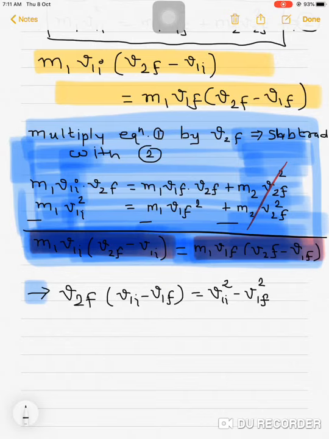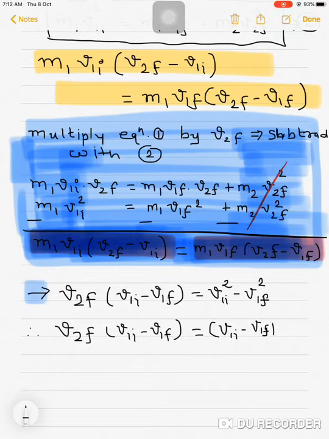Now if we simplify this term more, we can say that V2F into V1I minus V1F, I can simplify this part, that is V1I minus V1F into V1I plus V1F.